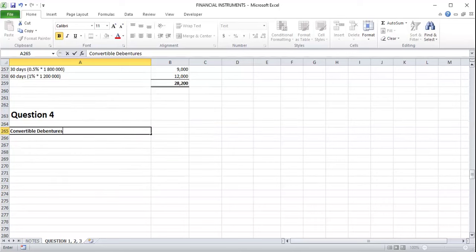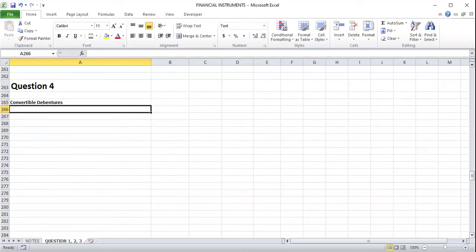What are convertible debentures? These are debentures that may be converted into ordinary shares in future.